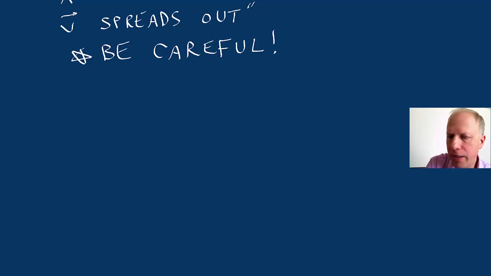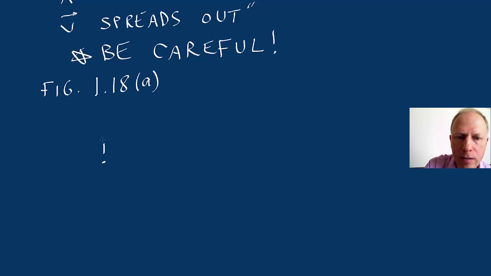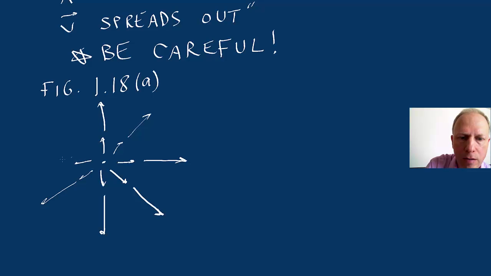So to start this explanation, I want to go to figure 1.18a, which looks kind of like this, as a schematic drawing of a certain vector function.